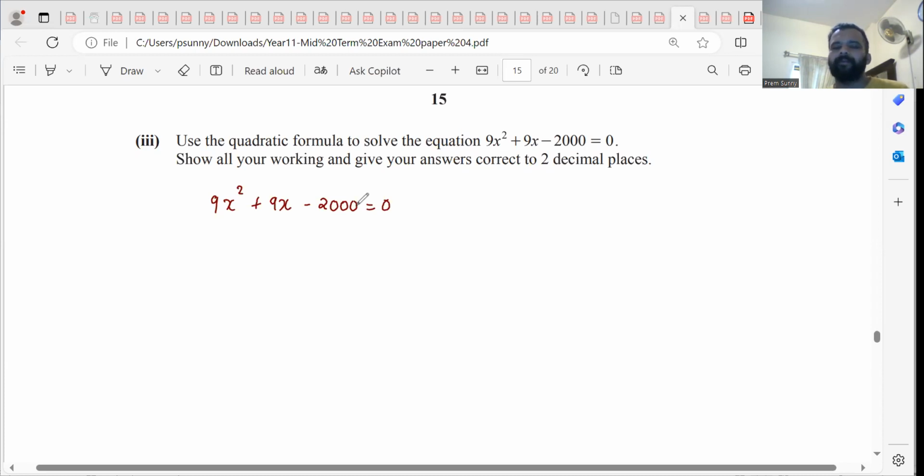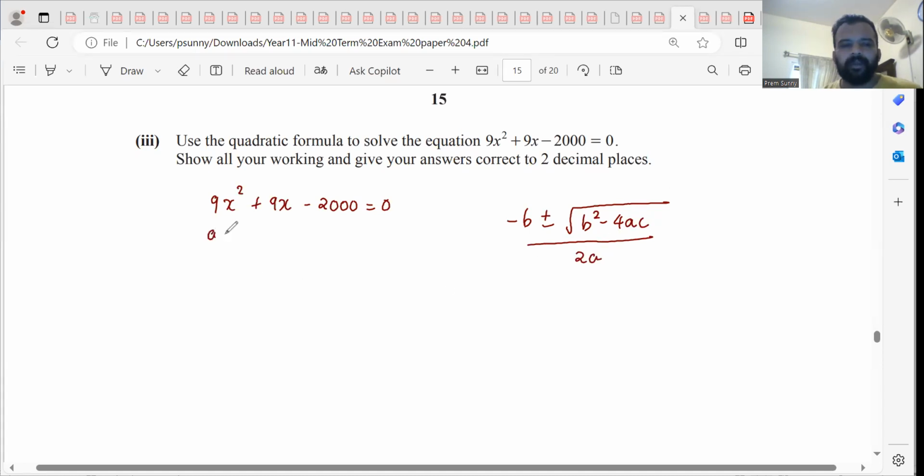To solve this using the quadratic formula, you need to know the formula first, that is minus b plus or minus root of b square minus 4ac, the whole thing divided by 2a.